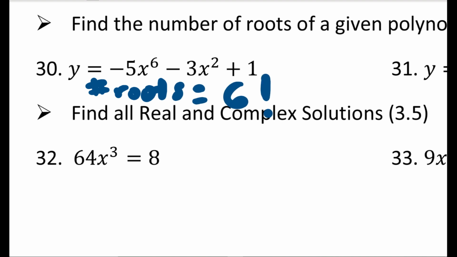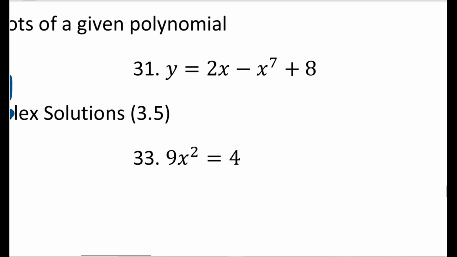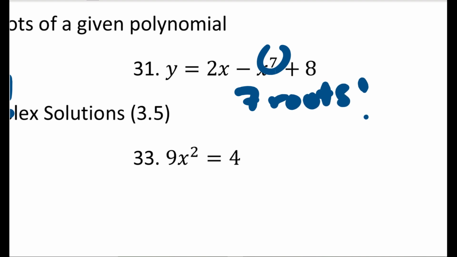That's it. So we have 6 roots because the highest power is 6. So that's all they wanted you to do. For this one, the highest power is 7, so there are 7 roots. That's it.